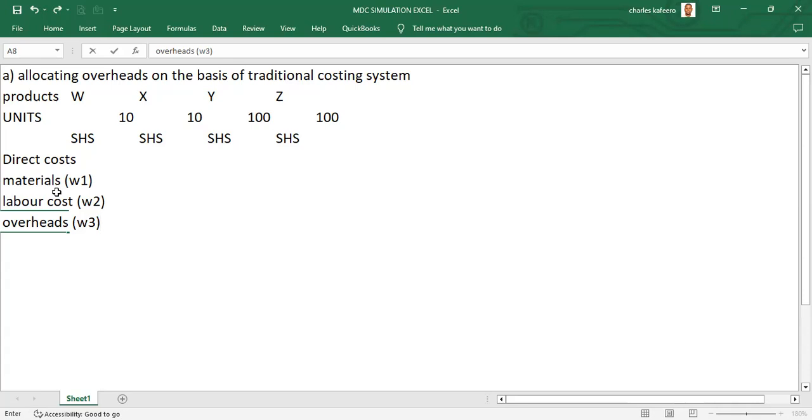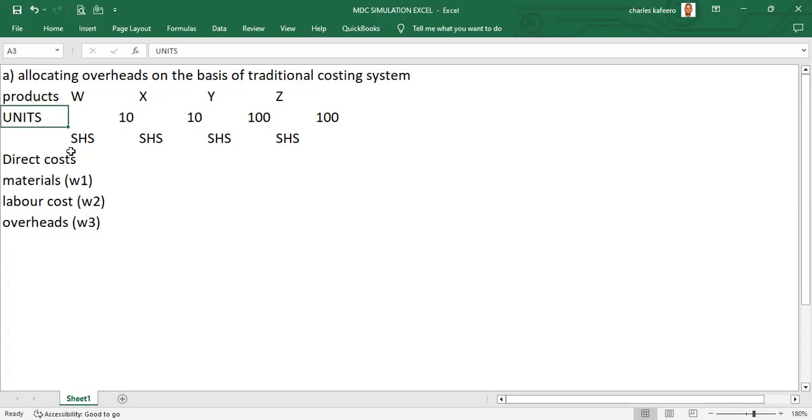The good thing with these overheads is they have given us the total overheads incurred. Meaning, we need to use a basis that is going to help us apportion them for each product. So that's why we need a working for that also.